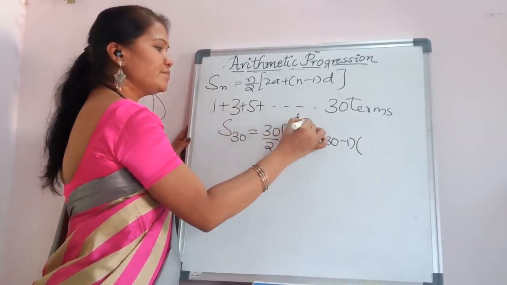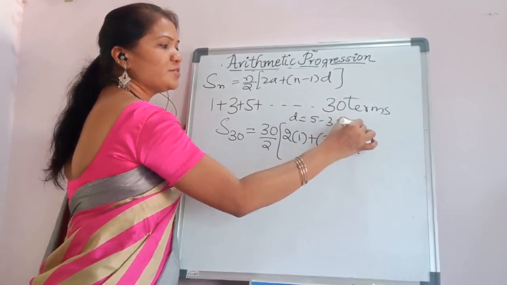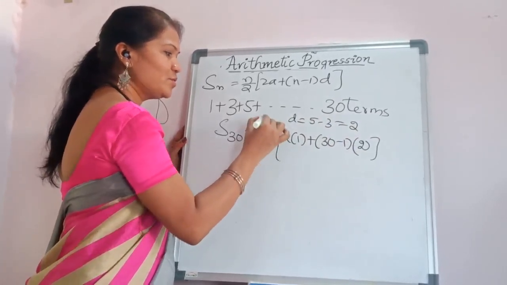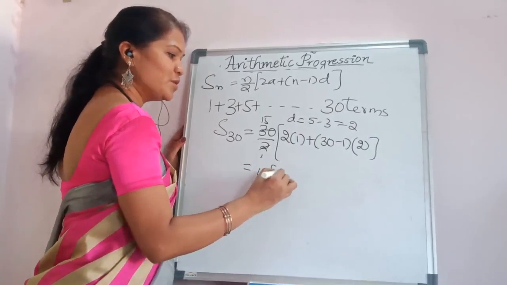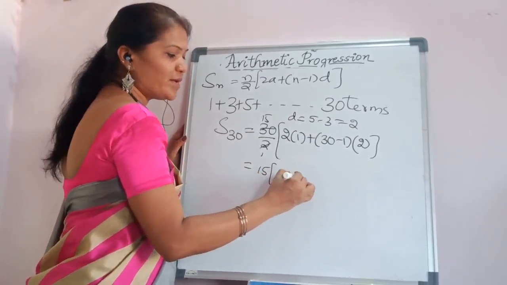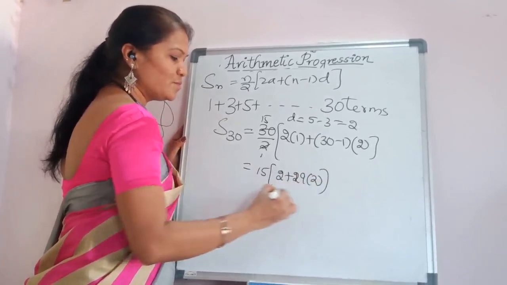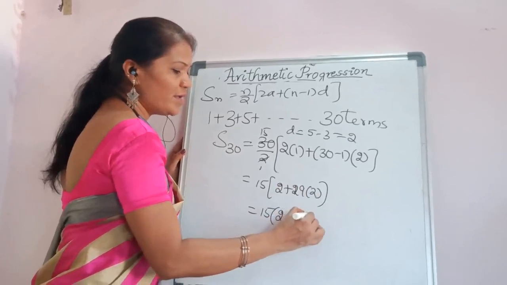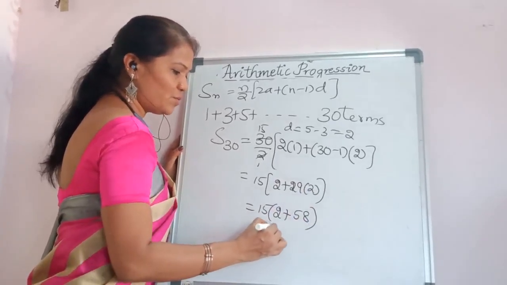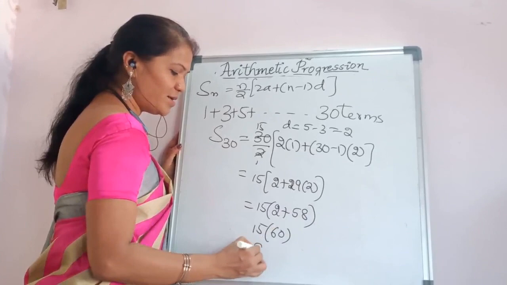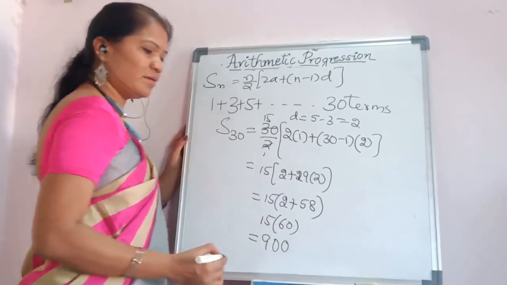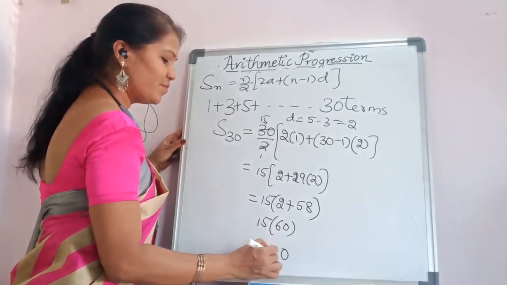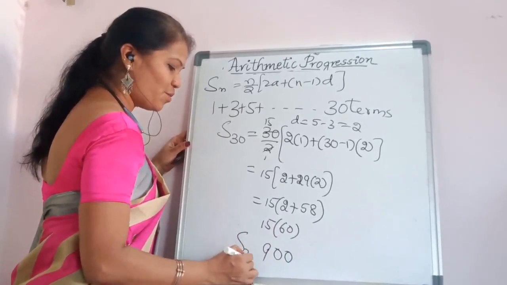Find d. 5 minus 3 or 3 minus 1? 2 into 2. So I'll get here 2 ones, 2, 15s. 15 into 2 plus 29 into 2. So here 15 into 2 plus 29 into 2 is 58, and 15 into 60. So I'll get here 900. Multiply 15 into 60, 900 is your sum of first 30 terms.